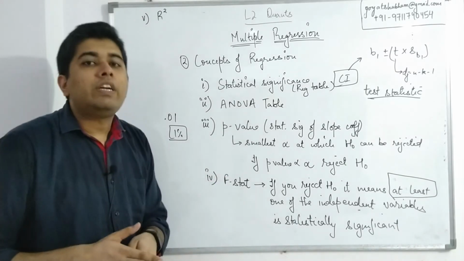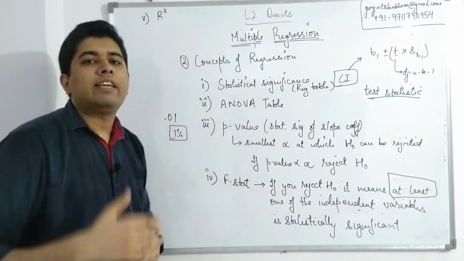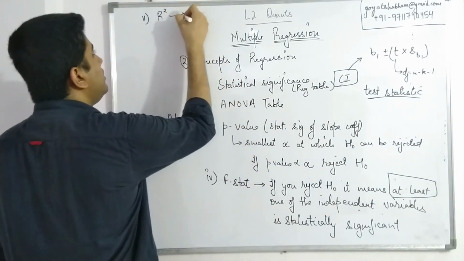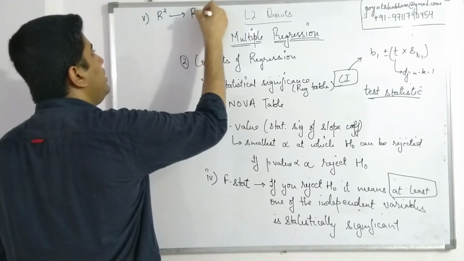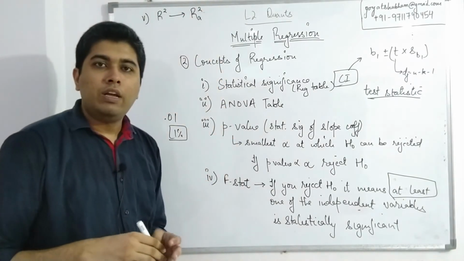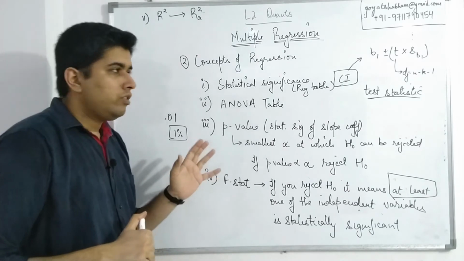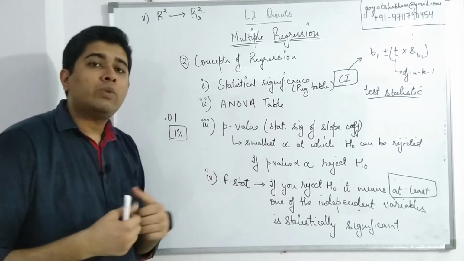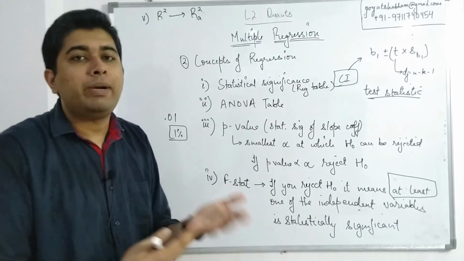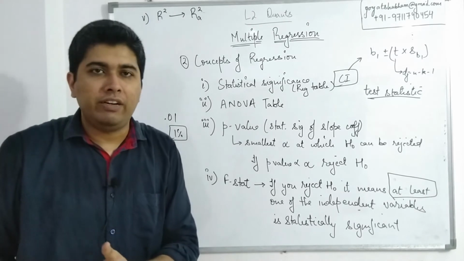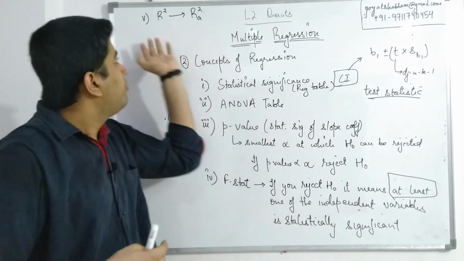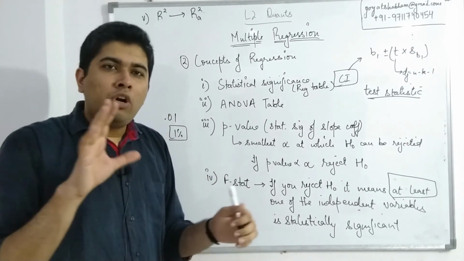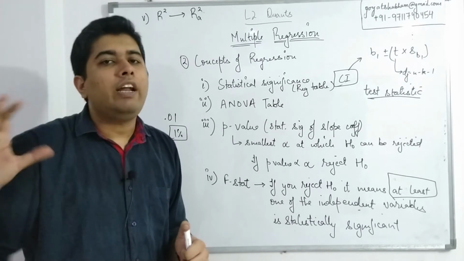Now, to correct for this entire situation where R square is always increasing as I keep on adding independent variables, we convert this into adjusted R square. Now, the reason why we need this: if we go back to the definition of R square, it is telling me how much of the variation of the dependent variable is being explained by my independent variables. So if I keep on improving this, it means my model is improving. But in reality, I only want a limited number of significant independent variables.